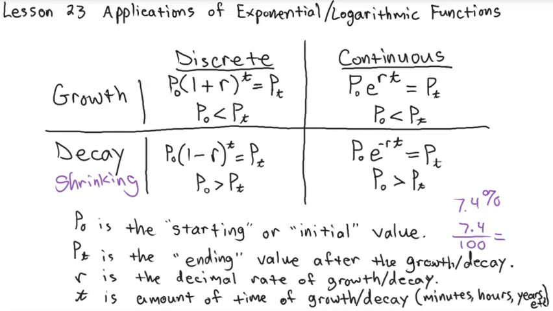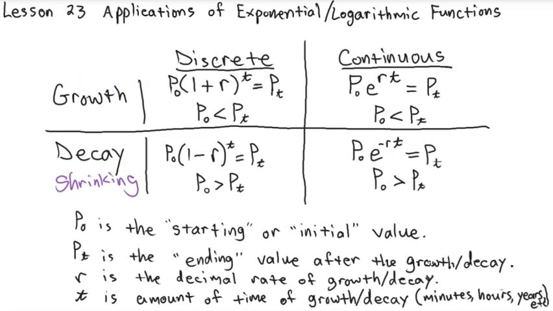So 7.4 divided by 100 is 0.074, okay? And then t is the amount of time that the population grows, okay? And it can be in minutes, hours, years, months, or seconds. And so that is t. T is the time value.